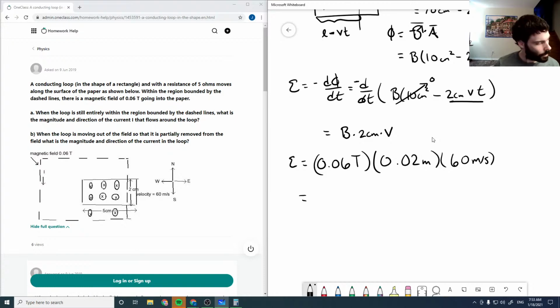And so 0.06, is that right? Oh, it's 0.06 Tesla.